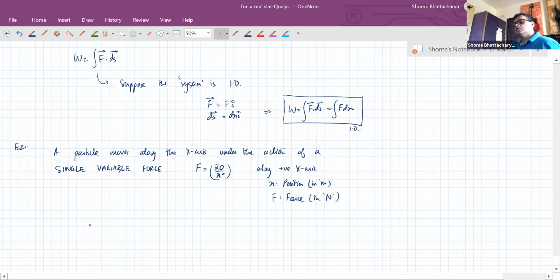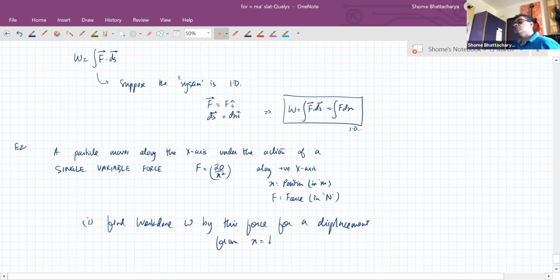First of all, find the work done by this force for a displacement from x equal to 1 meter to x equal to 4 meters.